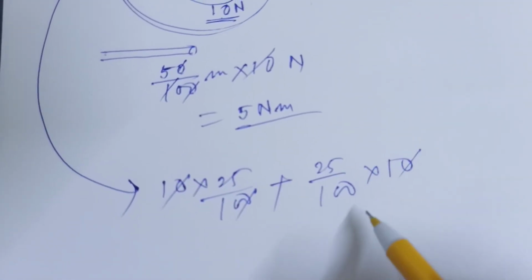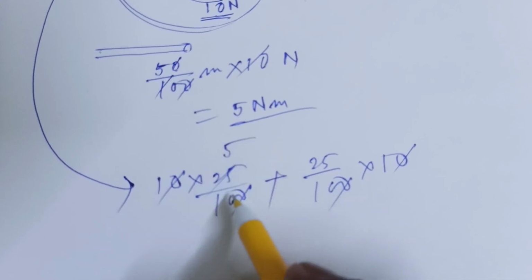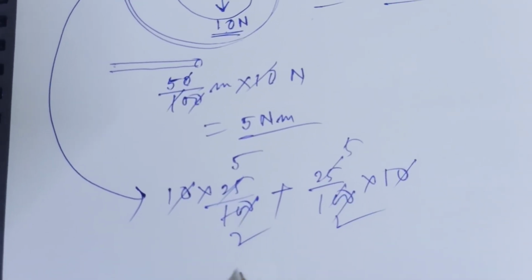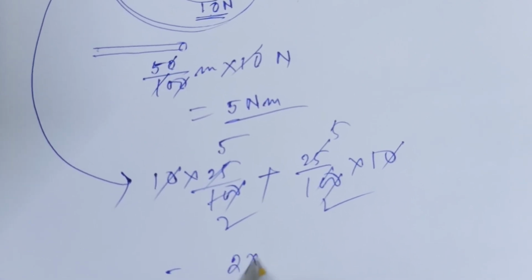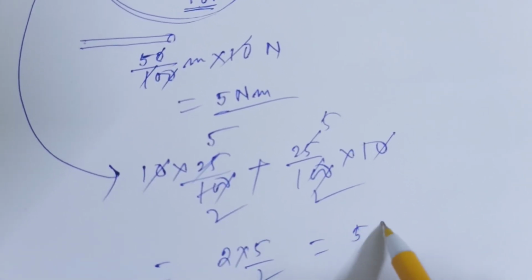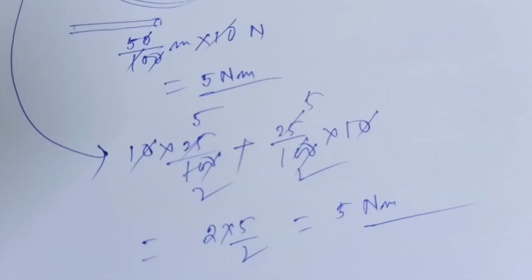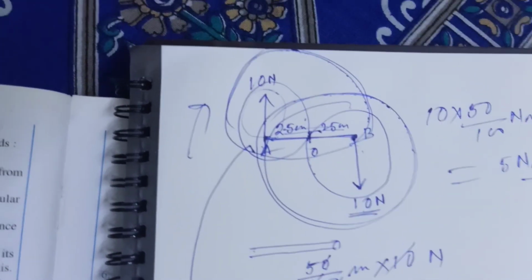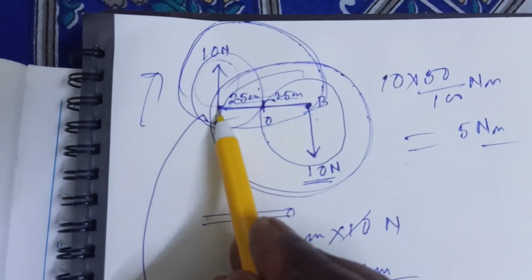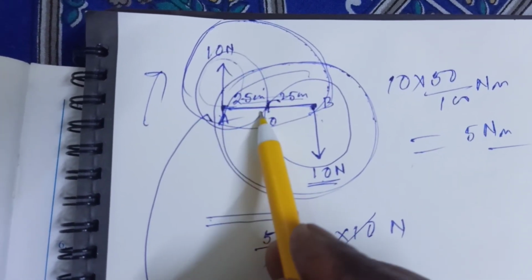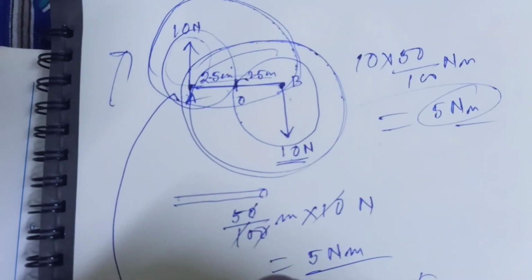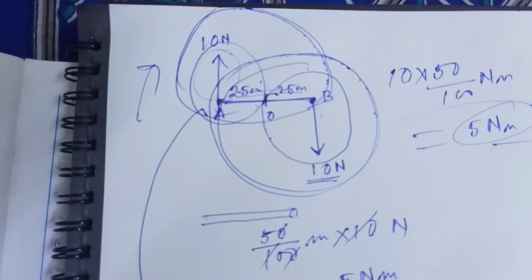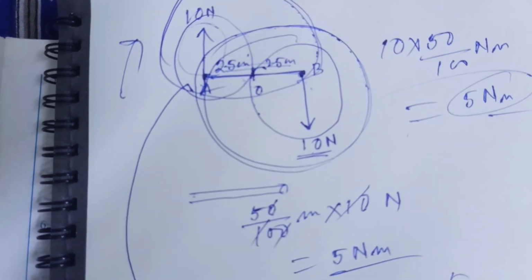So 5 by 2 plus 5 by 2, that is 2 into 5 by 2, which means 5 Newton meter. So when you calculate the moment of force about that point, it gives the answer 5 Newton meter. This is also 5 Newton meter and this is also 5 Newton meter. Okay.